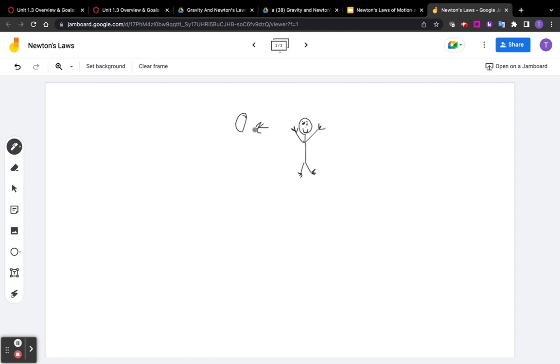When the ball goes this direction, your body will move in the opposite direction. So you and the ball will move away from each other in equal and opposite directions. That is why if you put a book on a table, the book does not fall through the table. The table is exerting an equal and opposite force that the book is pushing down on it.